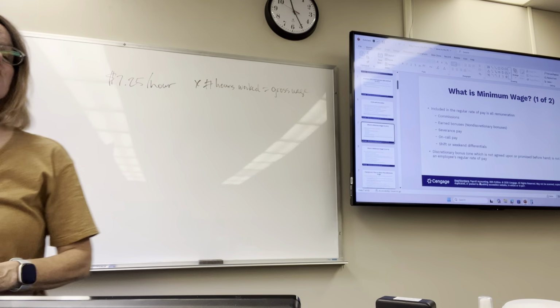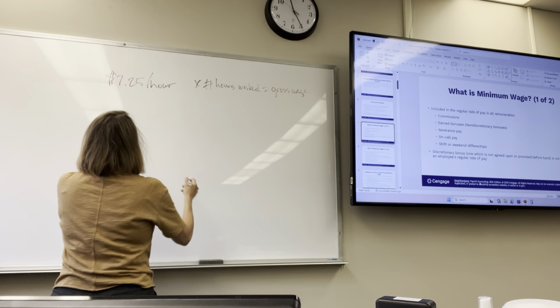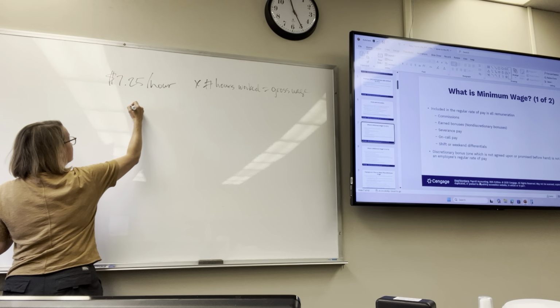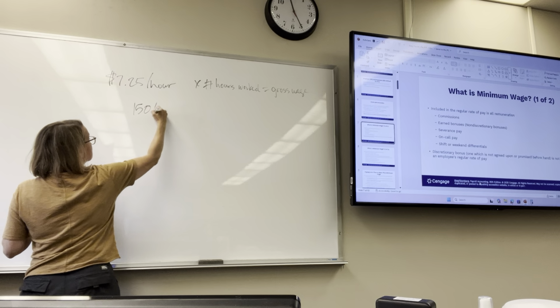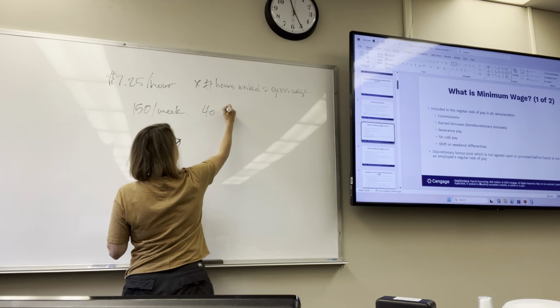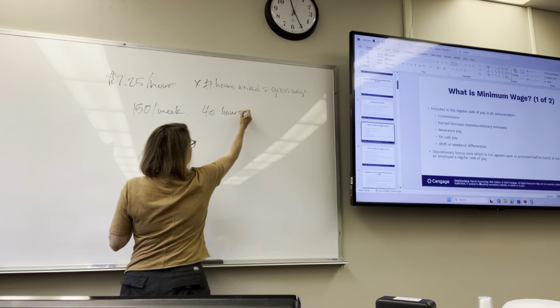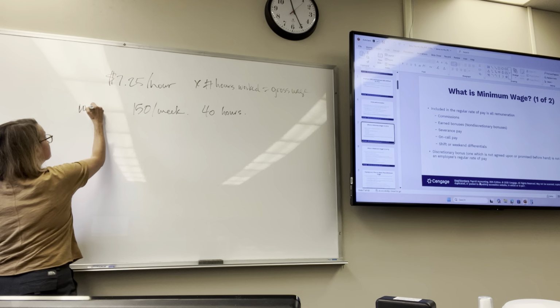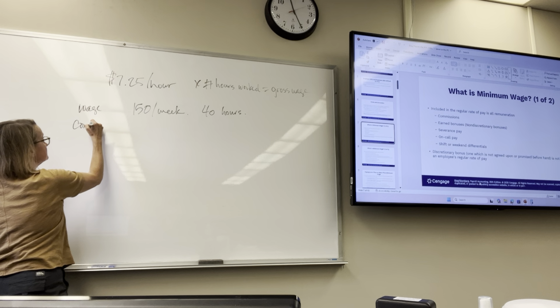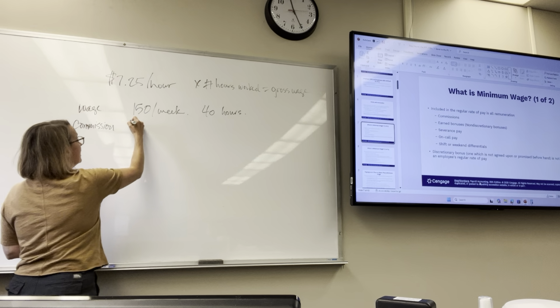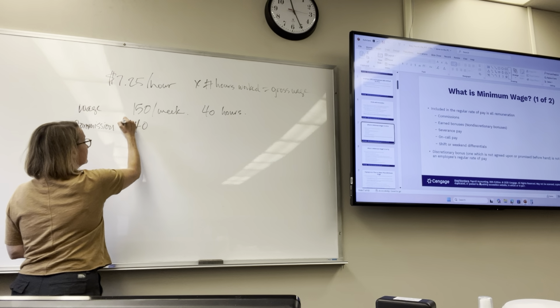So if we have somebody who, on a weekly basis, made $150 per week, they worked 40 hours in that week, but they made some commissions of $140.